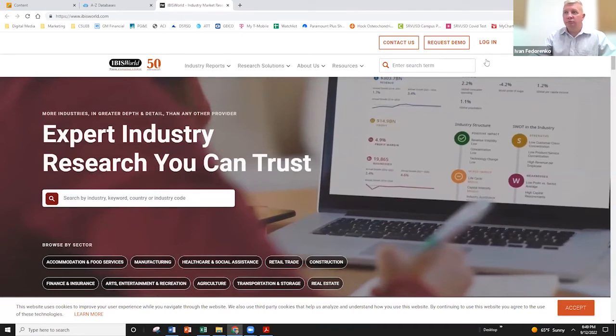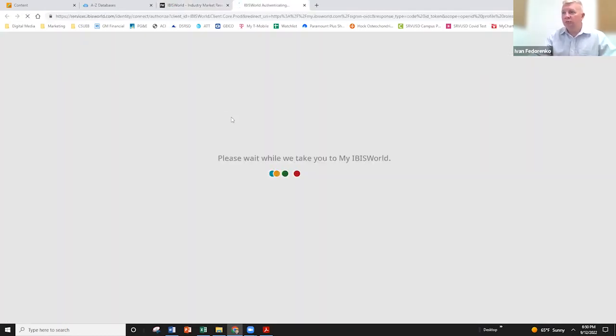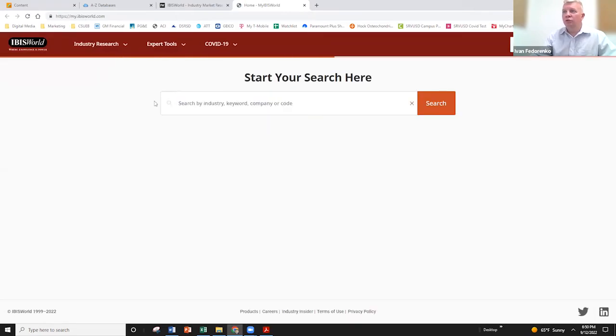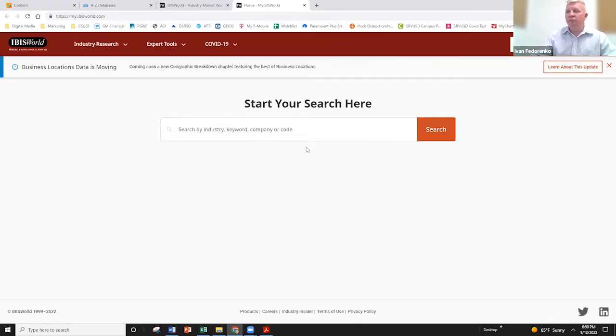Here, there's a login. You can log in using your Cal State East Bay credentials. Turns out I'm already logged in. And here you can start looking.